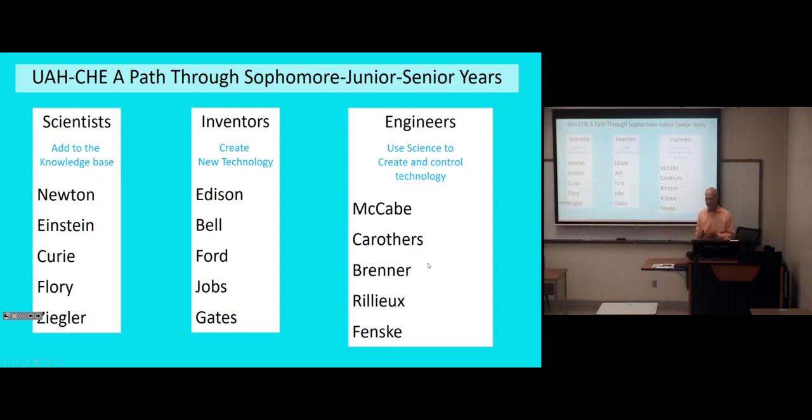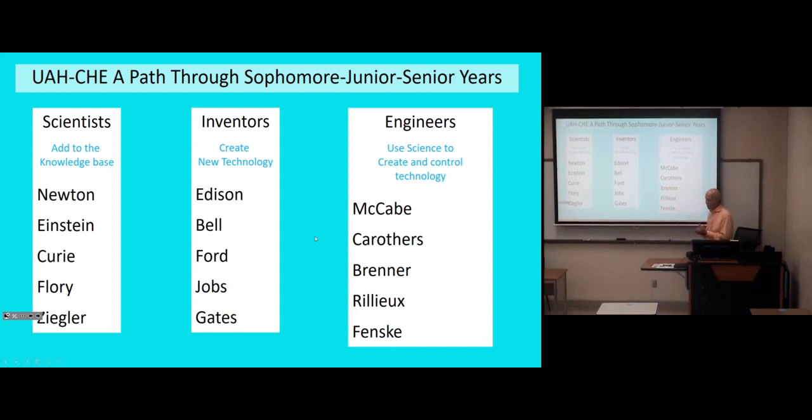They were scientists, they were not engineers. Inventors we think of as Bell, Edison, Ford, Steve Jobs, Bill Gates. Those come down on the inventor side, but they have whole corporations built around them, so that that technology or new idea can be implemented.